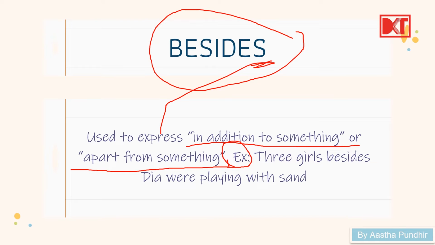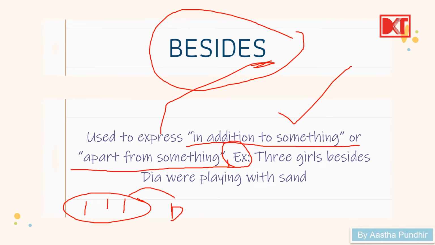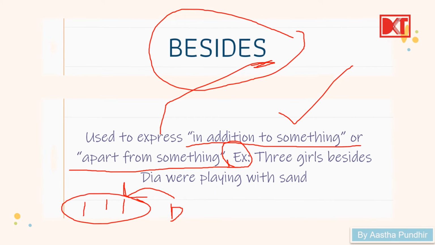Okay, one is Diya, but Diya के besides मतलब Diya के अलावा भी there were 3 girls who were playing with sand. So besides is used when we are expressing addition to something या apart from something कि दिया के अलावा भी और 3 girls were there. Alright?